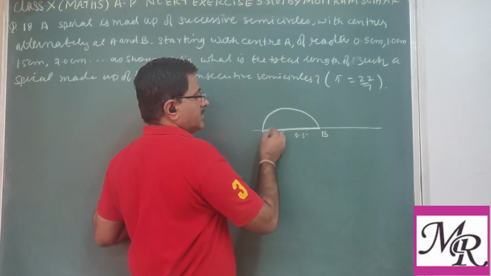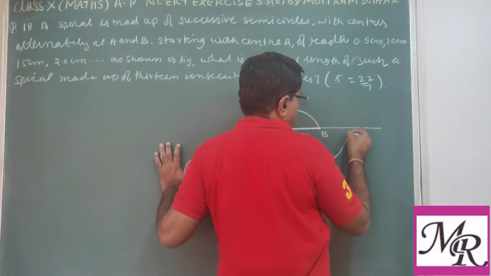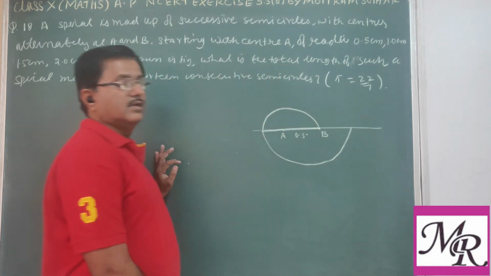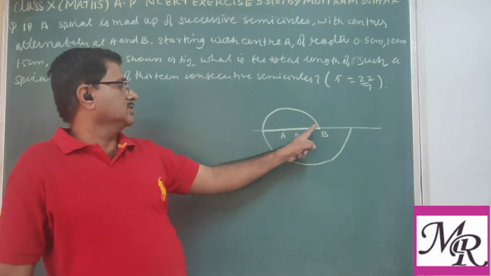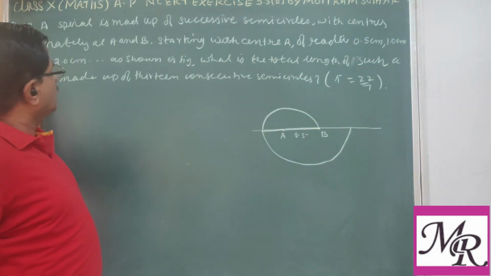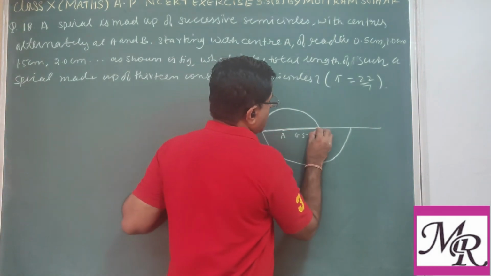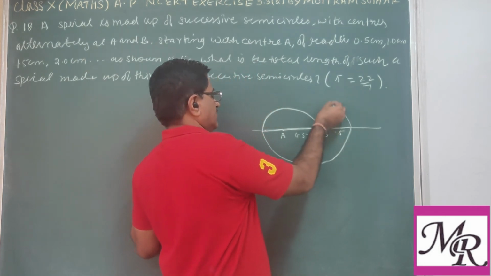Clear? And with center at B, we draw a semicircle. Then again 1.5. Now after this we take center again at the point A. Now the radius is 1.5, so this is 1, and 0.5 more. Then we draw a semicircle like this.